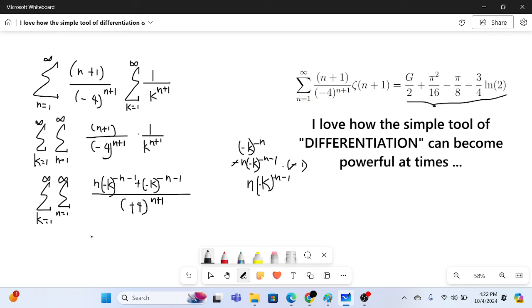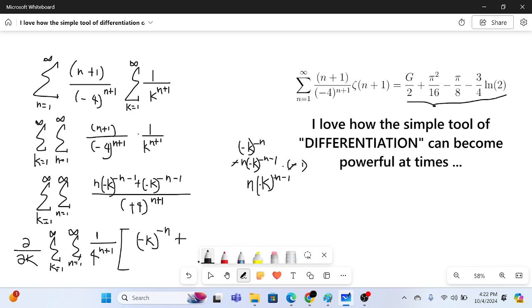So now I will write this as the partial derivative with respect to k of the sum from k equals 1 to infinity, sum from n equals 1 to infinity, of, now I will integrate this, 1 by 4 to the power n plus 1, times minus k to the power minus n.